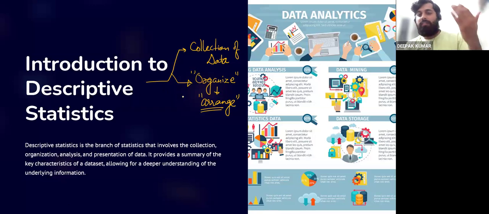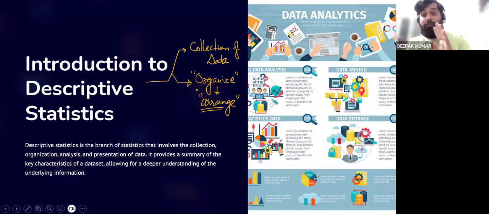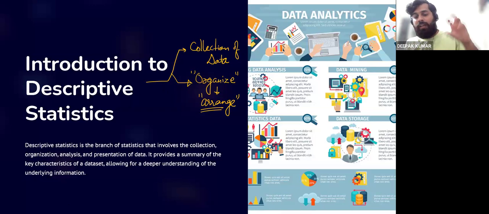Say suppose there is discontinuity in the data, arrange it in a continuous form. If there are dates in different formats, say a few dates are in MMDDYY, a few are in DDMMYY, a few are in YYMMDD, meaning year, month and date, please rearrange the data in one format such that it is readable. Then, once you have arranged the data, it is time to do EDA, exploratory data analysis, which I have already explained in the class.